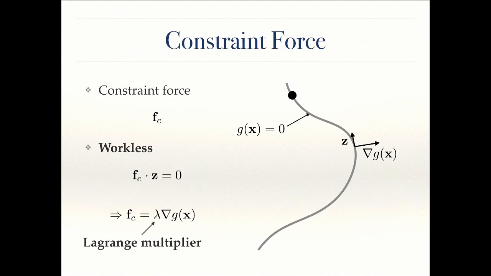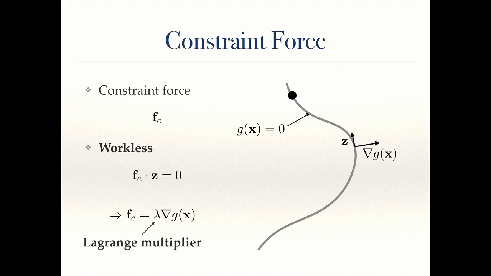And the physical significance of this is that we can now talk about the constraint force and what directions it's allowed to point. Most constraint forces we care about, we want them to be what's called workless with respect to directions that don't violate the constraint. Now we can write that mathematically as the constraint force dotted with a tangent vector z has to be equal to 0.